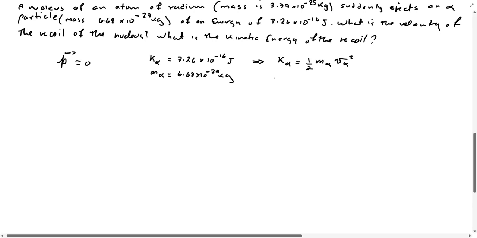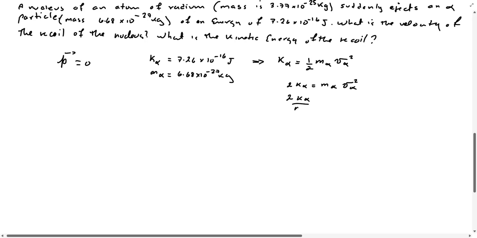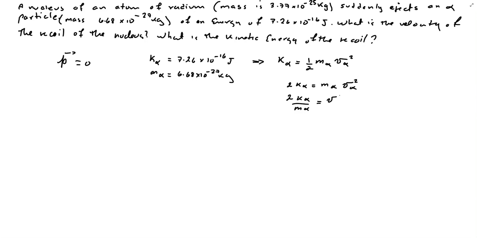So we are ready to solve for the velocity of the alpha particle that we don't know. 2 times the kinetic energy equals the mass times the square of the velocity, so 2 times the kinetic energy divided by the mass equals the square of the velocity.